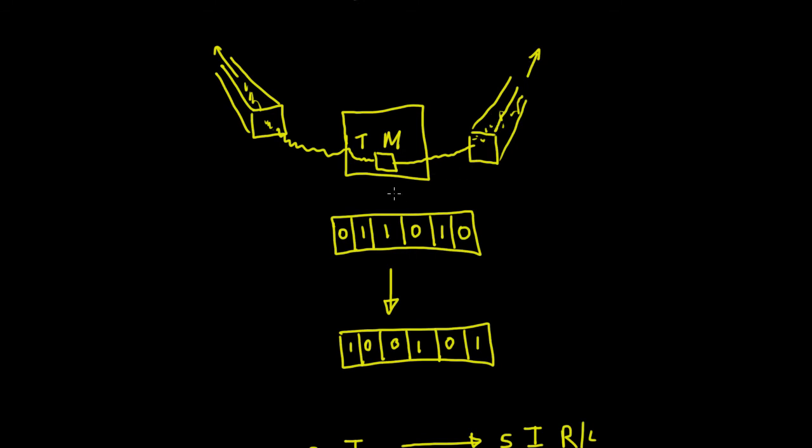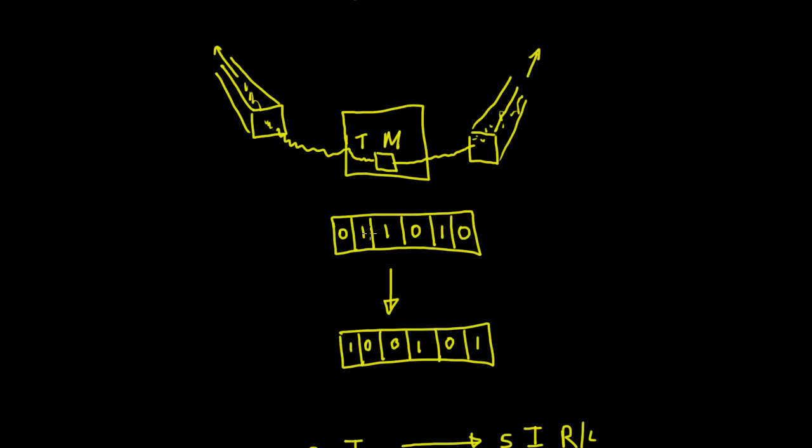So if you think about this ticker tape just holding values of 0 and 1, so let's say the initial input's just here, 0, 1, 1, 0, 1, 0. Well, this machine here will take these values and they'll act on them in some manner, and the final output will be another set of values here.